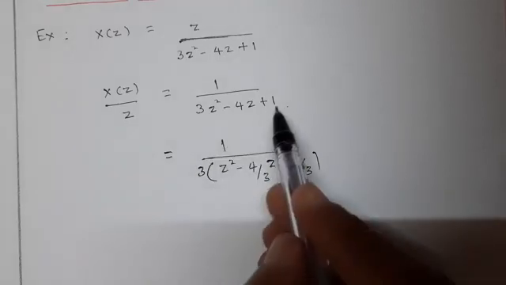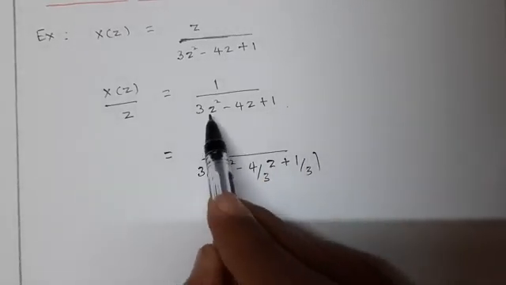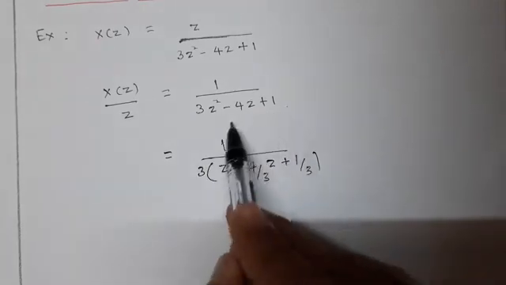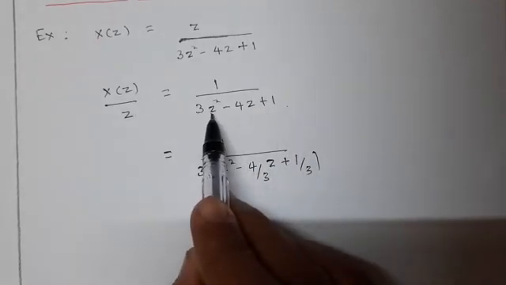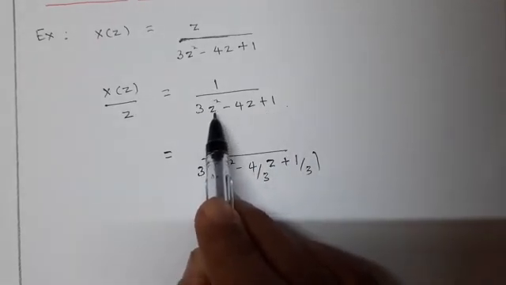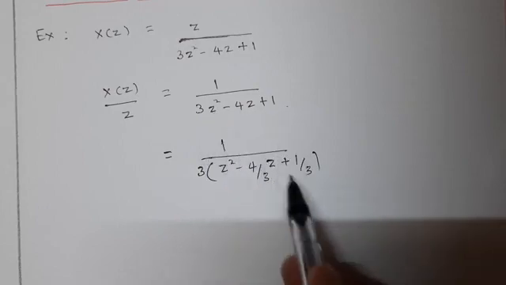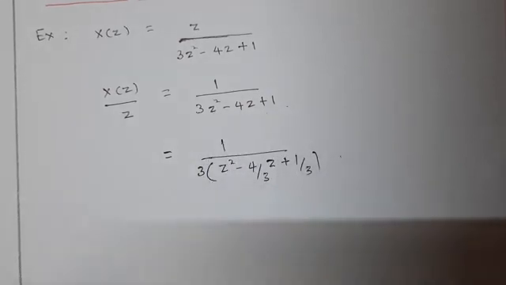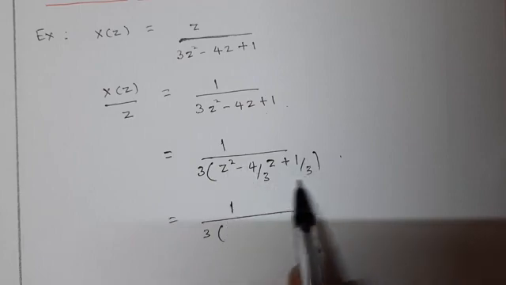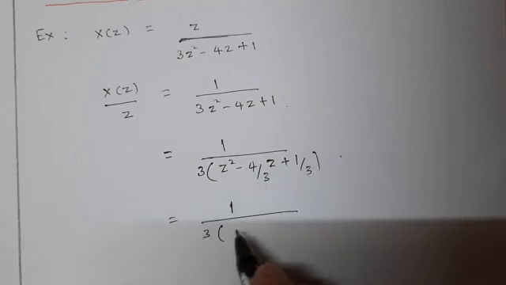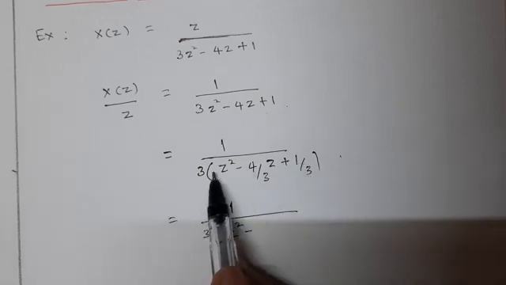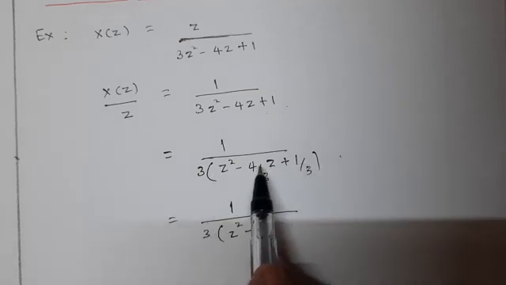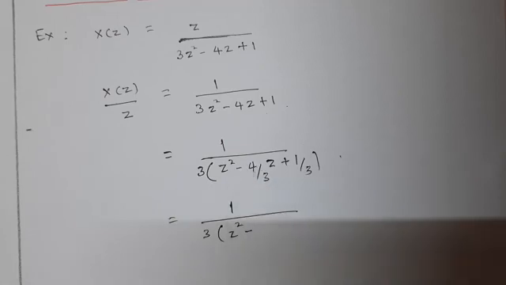Are you understanding? What I have done is divide by 3: 3z square by 3 is z square, minus 4 by 3 z plus 1 by 3, and multiply by 3; the 1 by 3 I have taken out here. Now you know how to find the roots of this, that is z square minus, since the product is 1 by 3, and when you add it is minus 4 by 3.